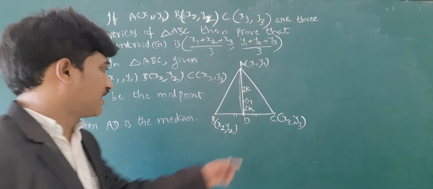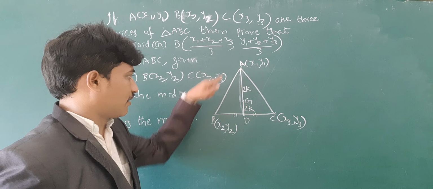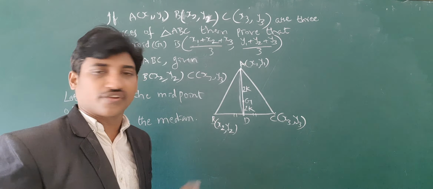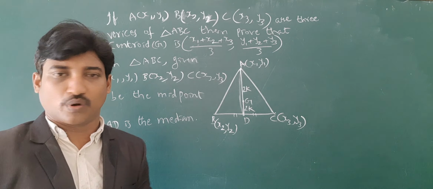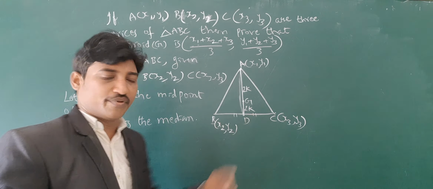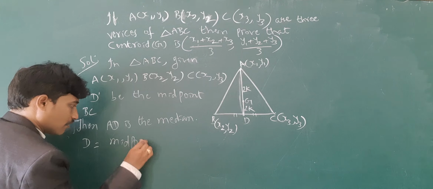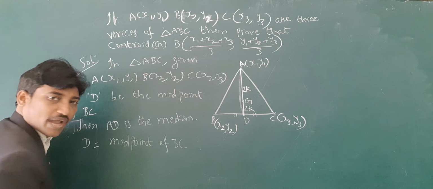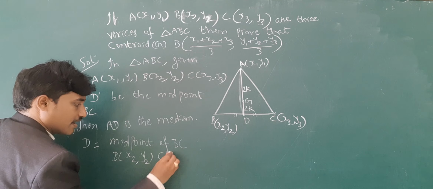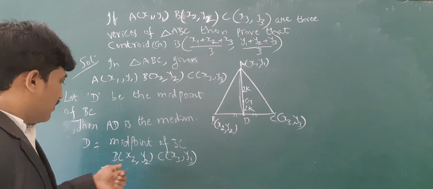Now, it is very clear D is the midpoint of BC. To find the midpoint, we use the midpoint formula. Midpoint of (x1, y1), (x2, y2) is x1 plus x2 by 2, y1 plus y2 by 2. In the same manner, as D is the midpoint of BC, with B (x2, y2) and C (x3, y3), we can write D using the midpoint formula.